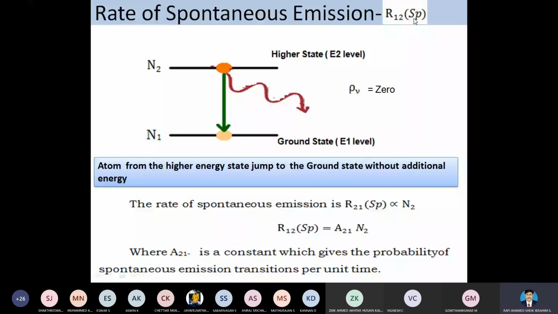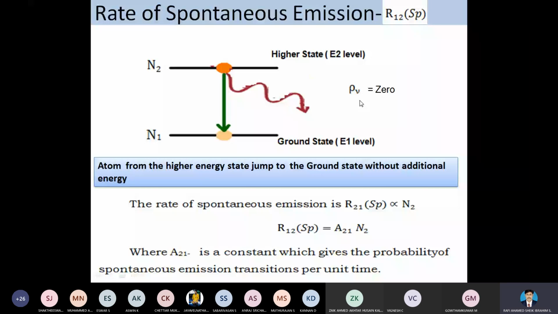The atom from the higher energy state jumps to the ground energy state without additional energy, without any inducement. If there is no additional energy, then we have to consider rho v equal to 0.